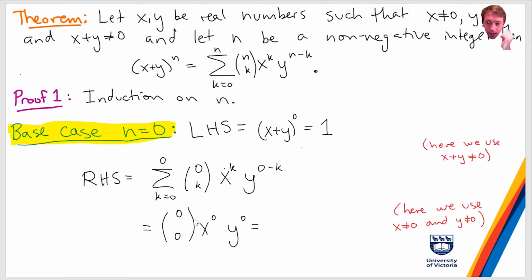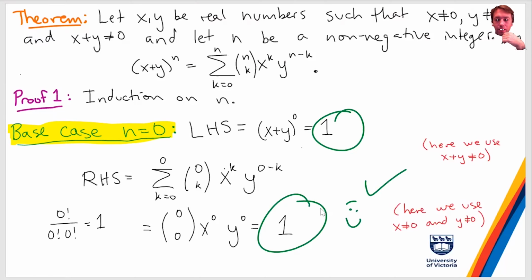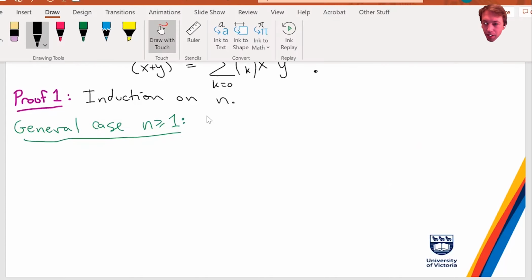Again, using that x and y are not 0, and 0 choose 0 is 1. You can get that by the formula: 0 choose 0 is 0 factorial over 0 factorial times 0 factorial, and 0 factorial is 1. So this is all equal to 1, and that proves the base case. So 1 does equal 1, and so we're happy. Any questions about that?